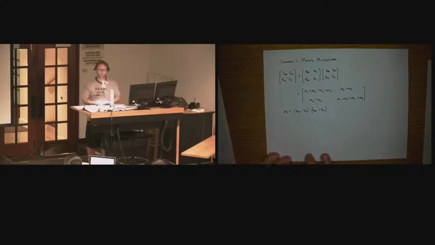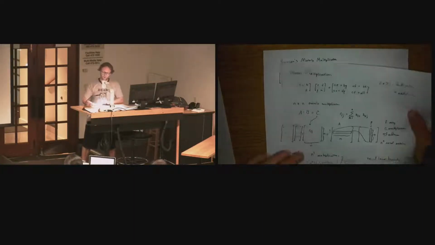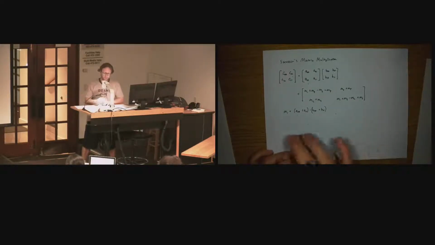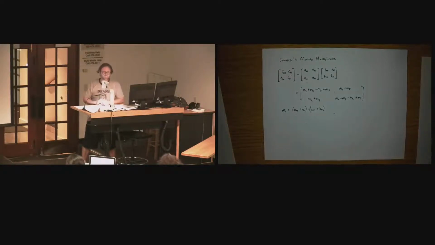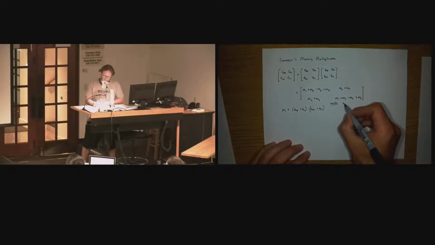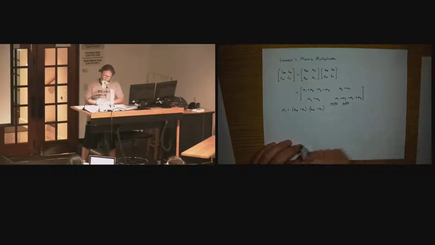Now, as we're going along here, I want to keep track of how many multiplications we're doing, because over here, we already counted up 8 multiplications and 4 additions. If you just use the regular old matrix multiplication identities, then that's what you're going to get. What I want to do is count up here the number of multiplications and the number of additions as we're going along here.